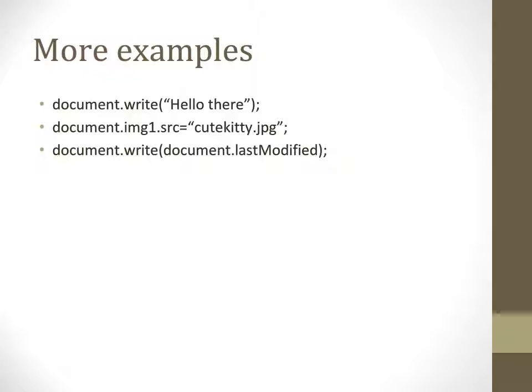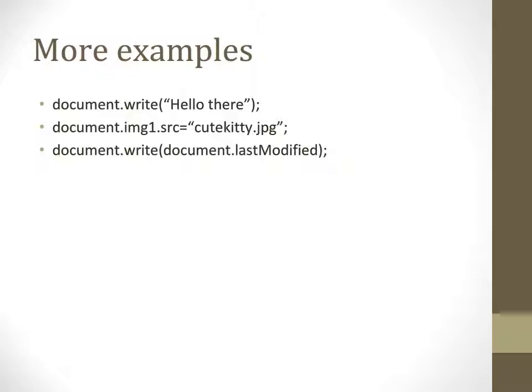So what we're doing here is we're retrieving the information stored in that property, and we're going to have our write method write that information to the screen. So we use the document.write method, and the additional information that we're giving it to write is telling it to go retrieve what was stored in the lastModified property and fill it in here.